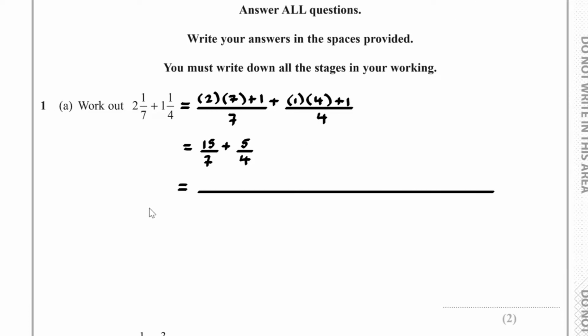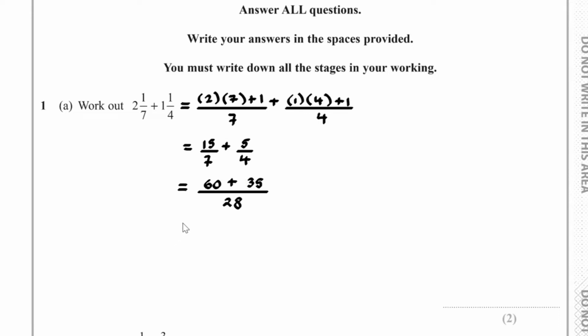The common denominator of 7 and 4 would be 28. And so we multiply the 15 by 4 to get 60, and we multiply the 5 by 7 to get 35. And so we have 60 plus 35 divided by 28.